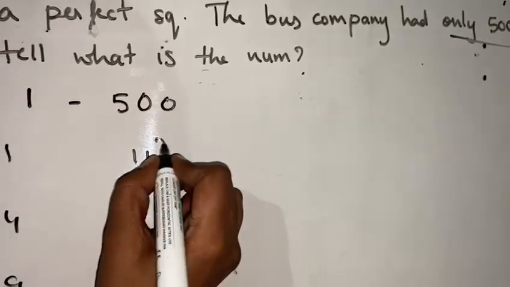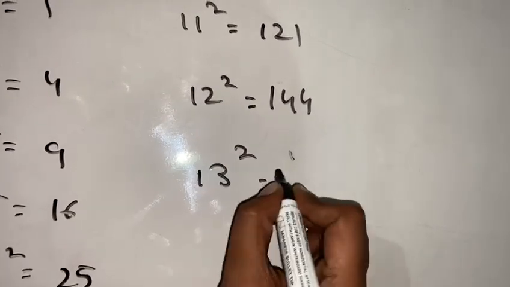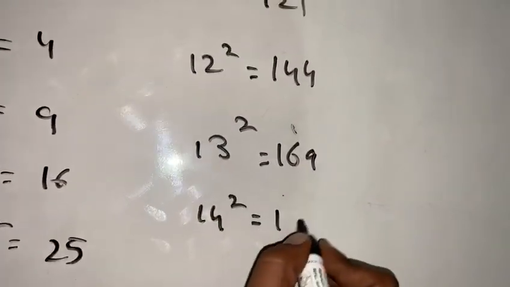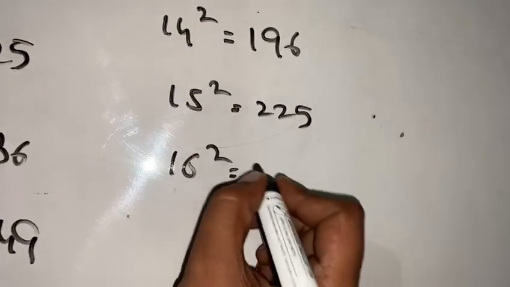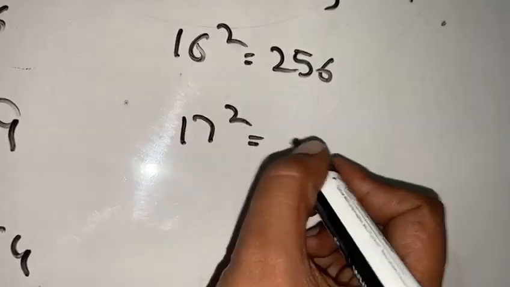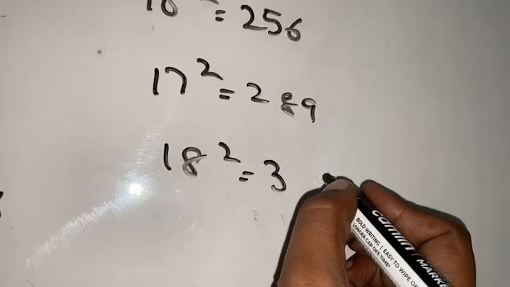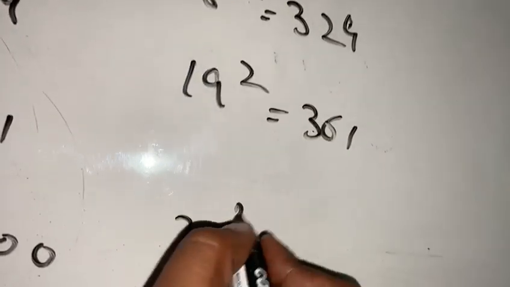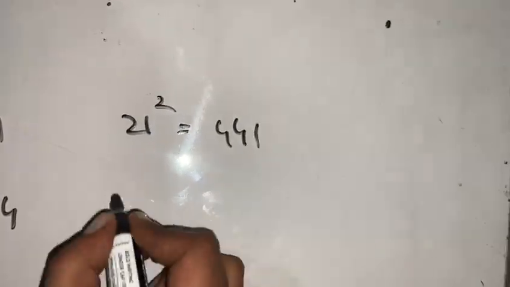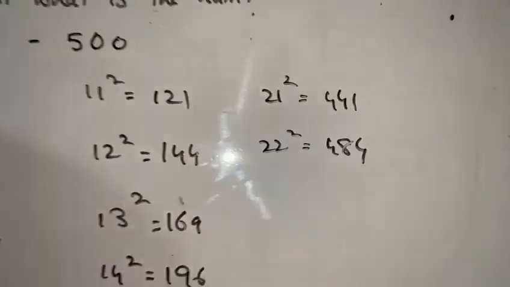Then 11 square is 121, 12 square is 144, 13 square is 169, 14 square is 196, 15 square is 225, 16 square is 256, 17 square is 289, 18 square is 324, 19 square is 361, 20 square is 400, 21 square is 441, 22 square is 484. 23 square is more than 500, so we will not go to it.